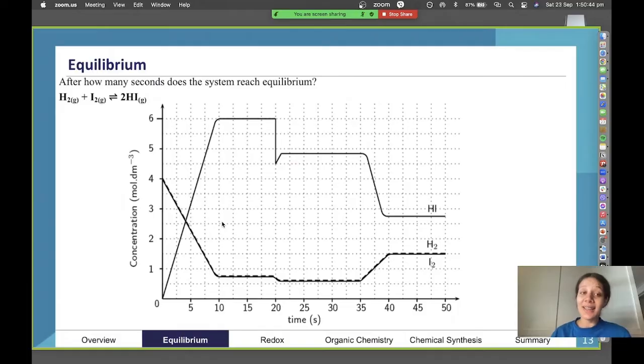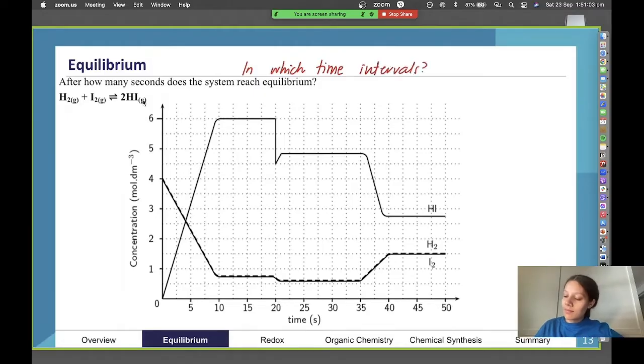As a hint, there are quite a few different intervals where equilibrium is reached. So what I might do instead is write, in which time intervals. So have a go at that for the next 30 seconds or so, and then we'll go through it together.